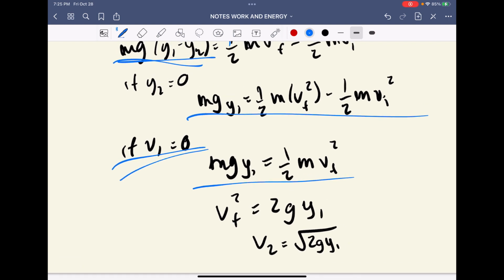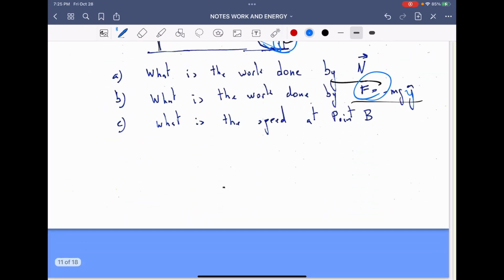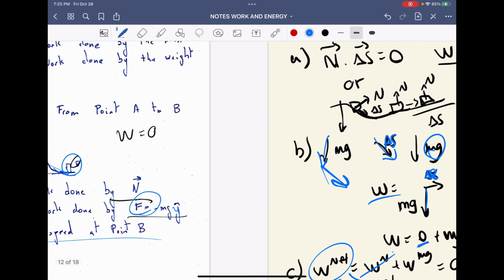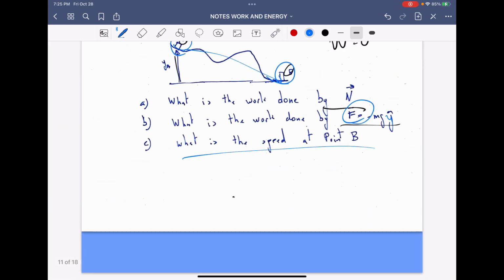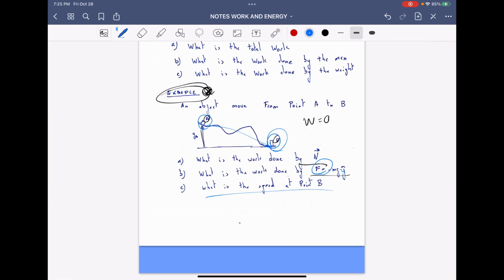And if the initial velocity is 0, then mgy equals half of m times v final squared. And then just by solving this algebra right here, we get that v is equal to the square root of 2gy, and that's how you calculate the speed at point B, which is when it hits the ground.